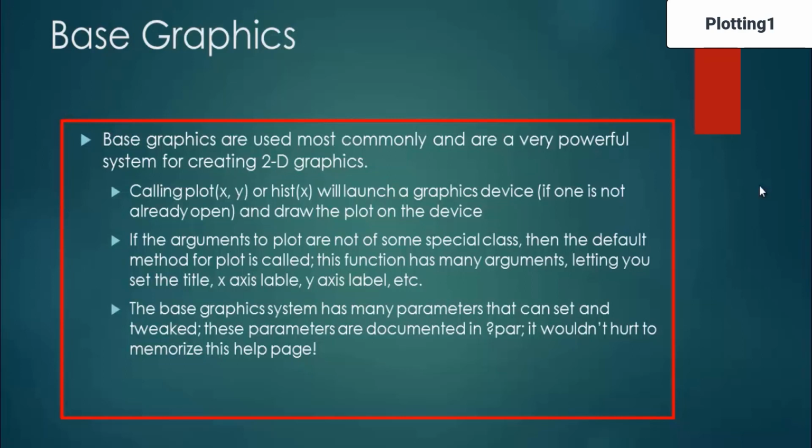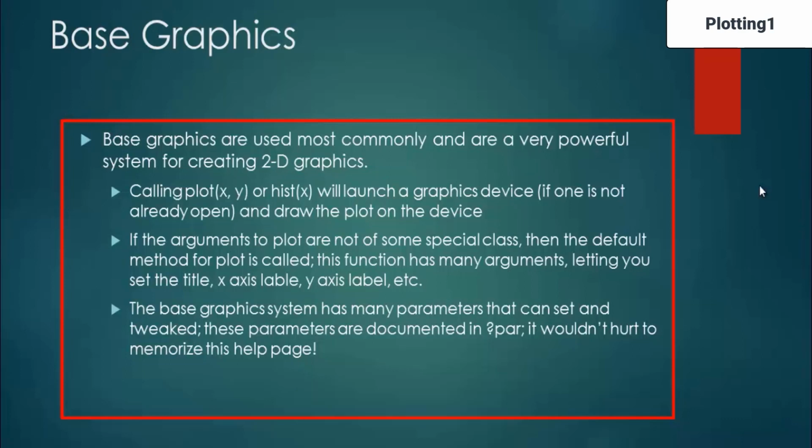If the argument to plot is not of some special class, then the default method for plot is called. This function has many arguments, letting you set the title, x-axis label, y-axis label, etc.